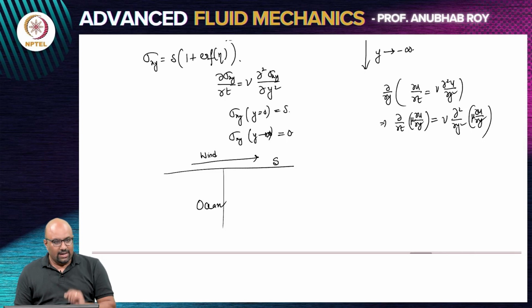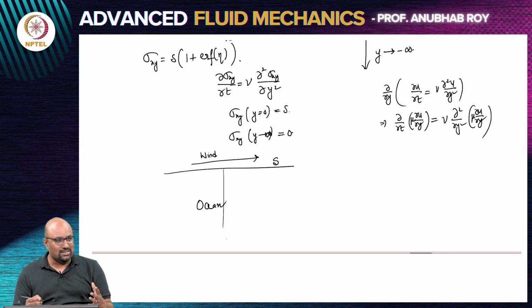Now, in a realistic scenario, when you are thinking of an actual problem in the case of oceans, the velocity that you will observe will not exactly match with what we are obtaining in the problem we are doing here, because there is a lot of other things going on.